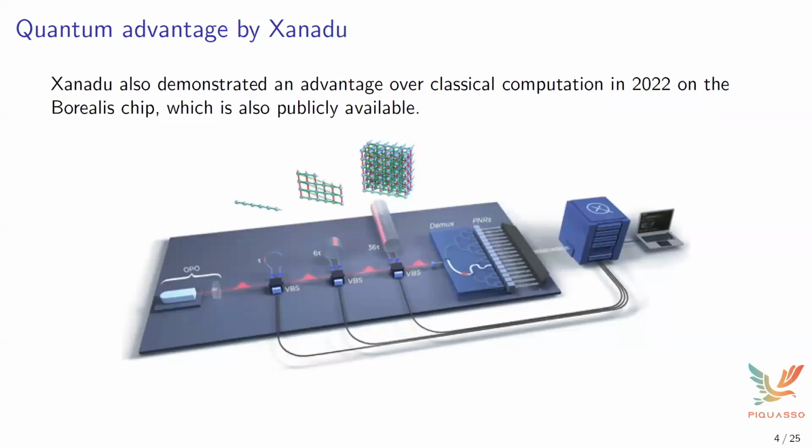There was also another quantum advantage demonstration by Xanadu. They did it with a different device, using time multiplexing, in 2022. They used the Borealis chip, which is also publicly available.